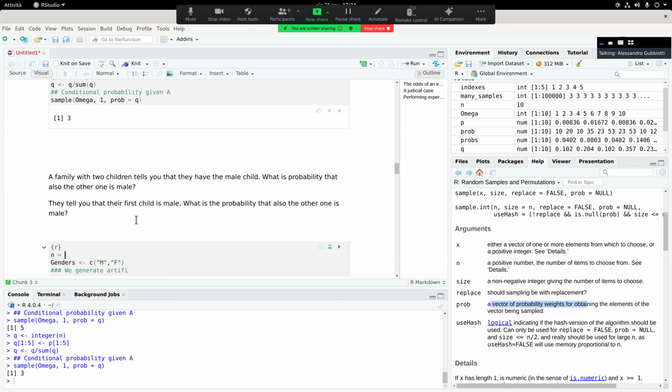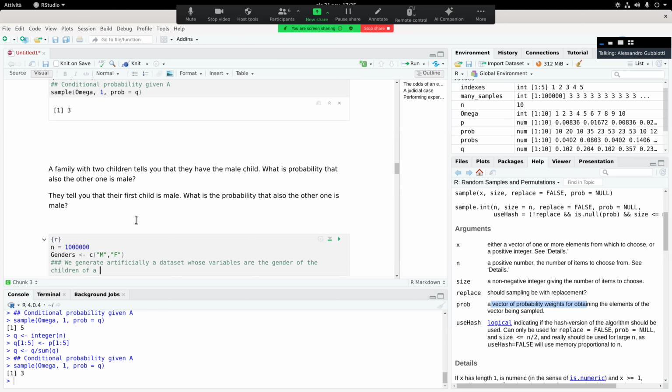We generate artificially a data set whose variables are the gender of the children of a 2 children family. The rows usually denote different families.